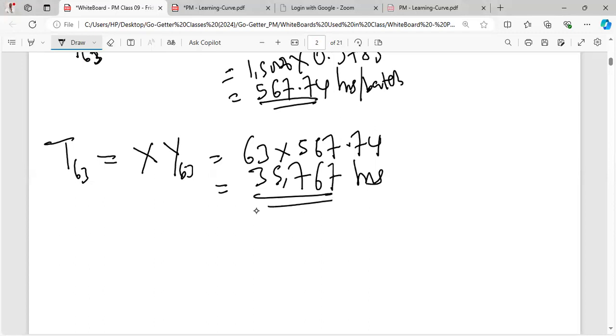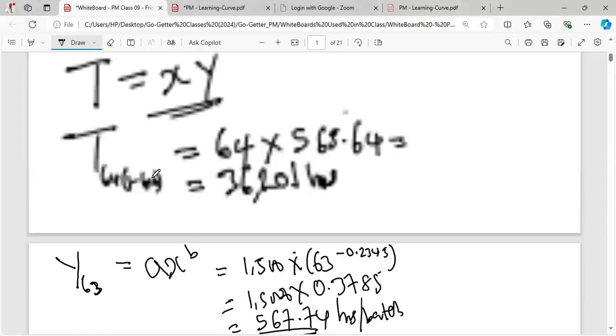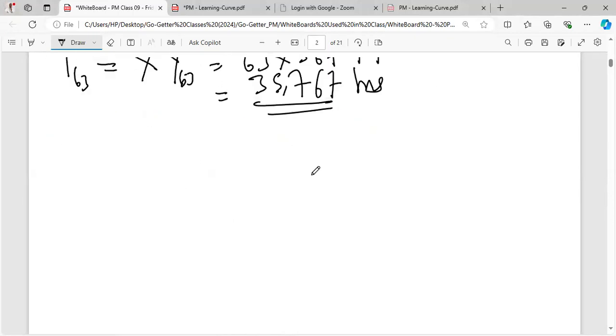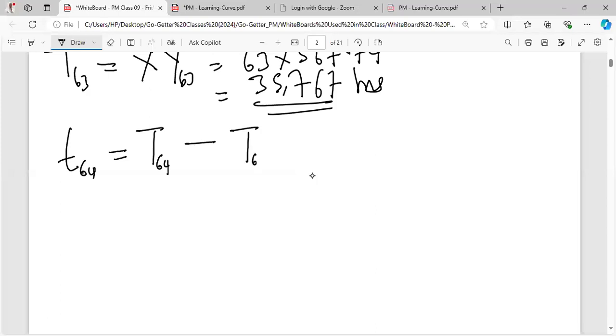All right. Now that we've done that, it's time to do this. So we'll say T64 is equal to big T 64 minus big T 63.